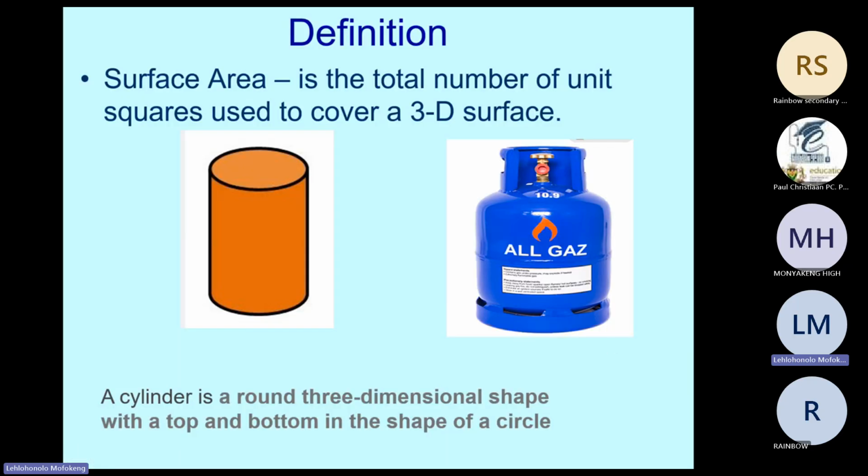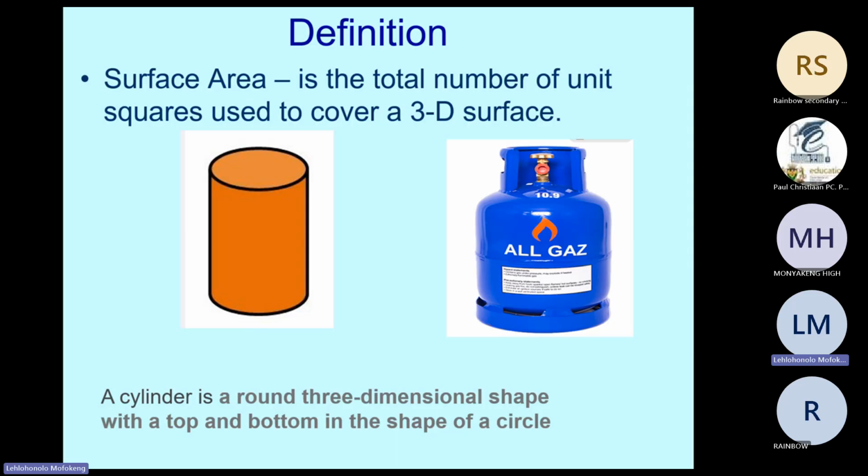Right, let's have a look at the definition of a surface area. A surface area is the total number of unit squares used to cover a 3D shape. In simpler terms, we can say a surface area is the sum of areas that make that particular object.